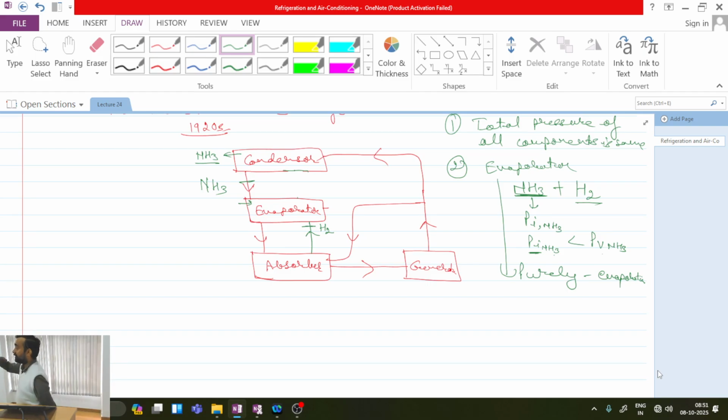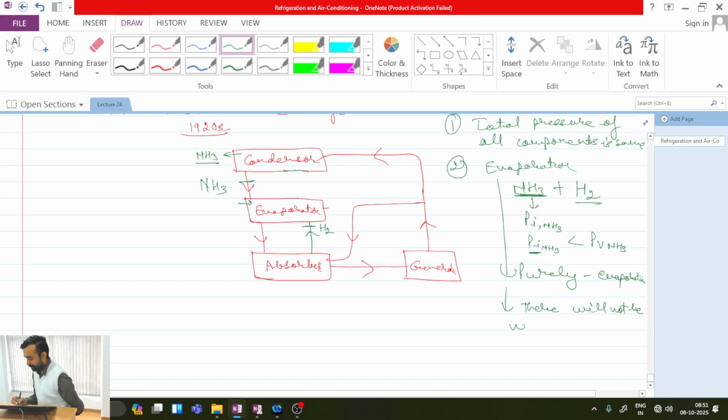Mostly vapors are escaping from the surface. So because pure evaporation is happening, in the evaporator there will not be vapor bubble formation. Is this clear?